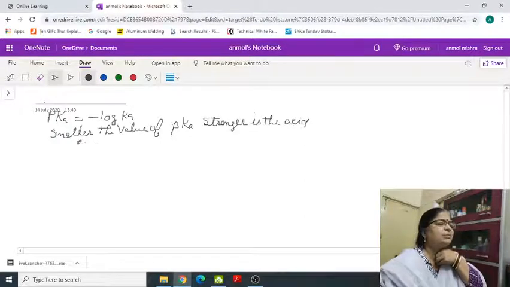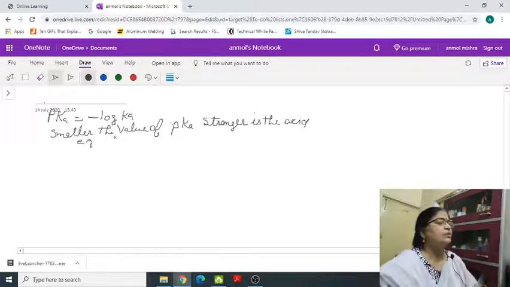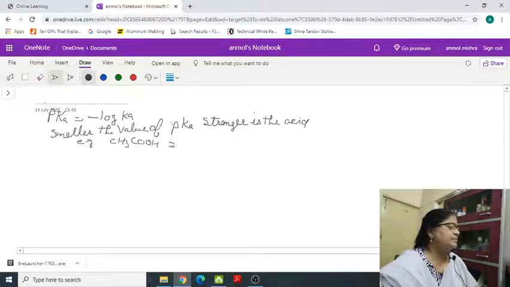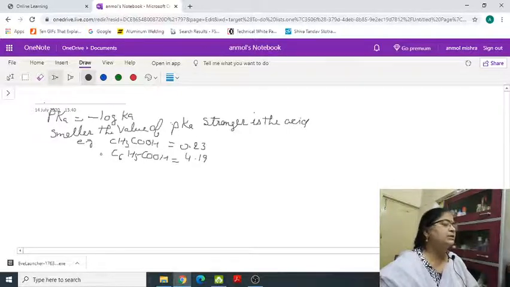For example, acetic acid has 0.23 pKa value. Benzoic acid has 4.19.